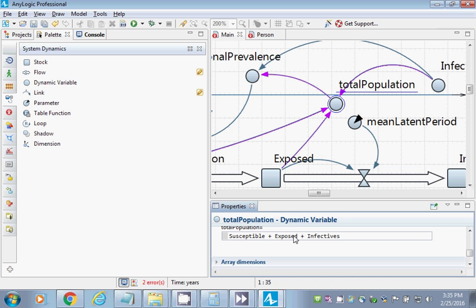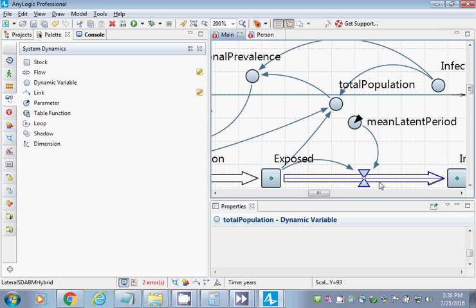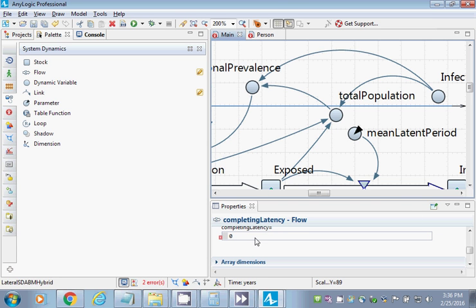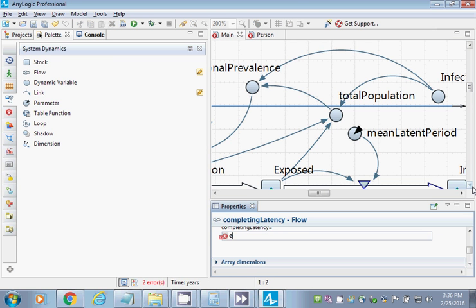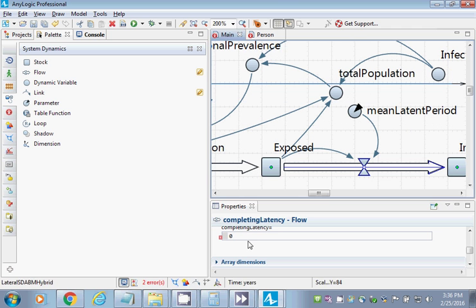So, ladies and gentlemen, this is what I'd like you to do. This may look like a system dynamics model, but it's not. It is, but it's also going to be an agent-based model. So to show this, I'd like you to create a population of agents in main in the standard way.